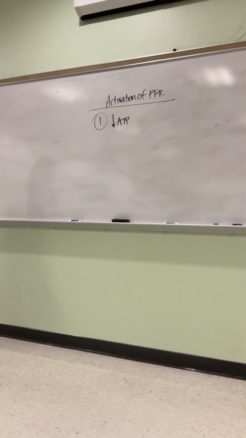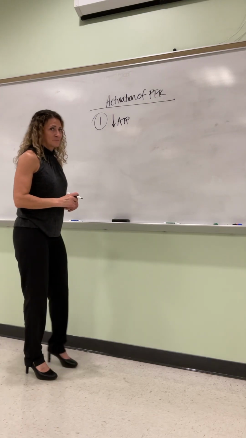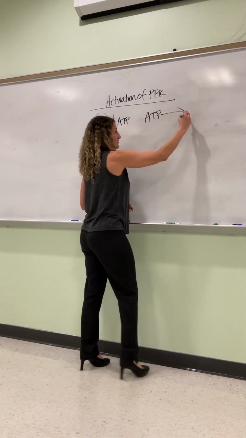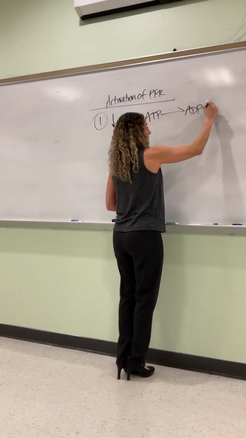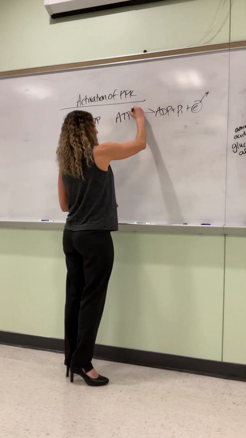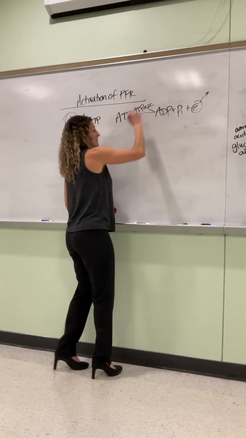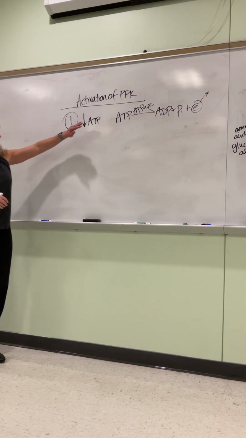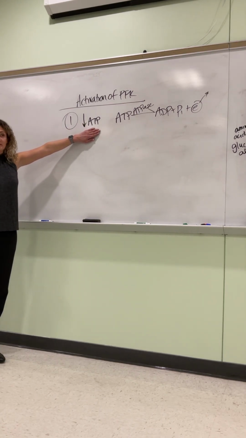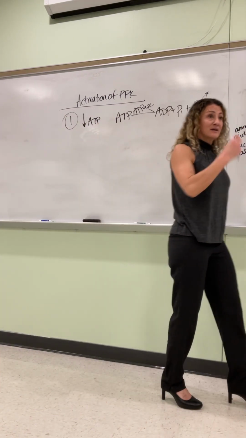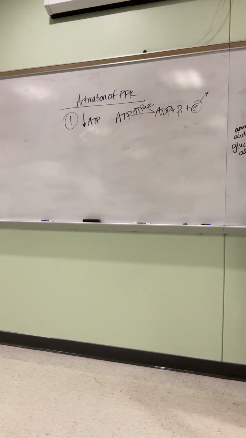Why would there be decreasing levels of ATP when you're exercising? We're using it. We're breaking it down during muscle contraction to bring the myosin head back up to 90 degrees. So the higher the intensity of your exercise, the lower the level of ATP is. That's a signal to PFK, speed up, we need you to produce more ATP.